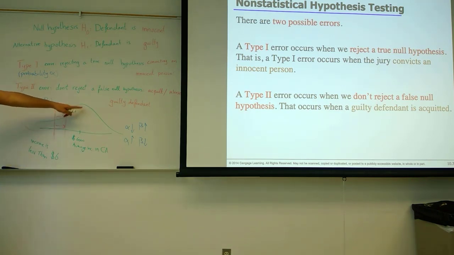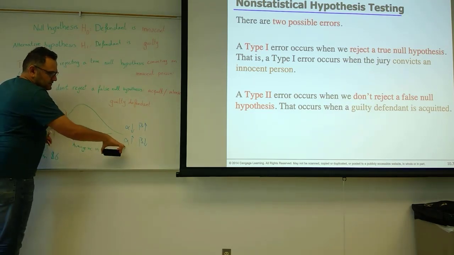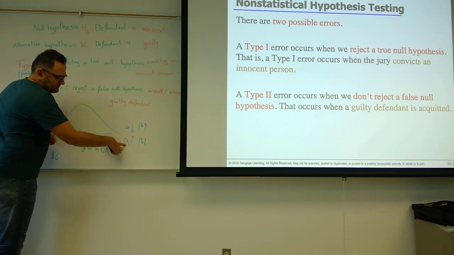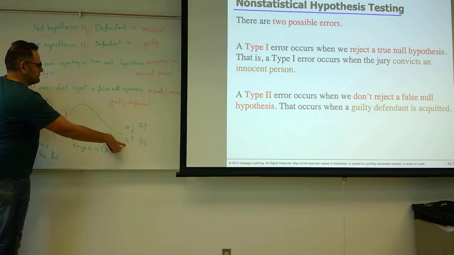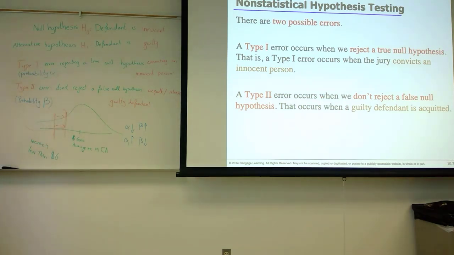So even though the null hypothesis was correct, chances are now higher by moving the line to the right that I take a sample, and based on my sample, I come to the conclusion wrongly that the average income is less than $6,000. On the other hand, we know from here that if the probability of alpha, the type 1 mistake, increases, the probability of type 2 error must be decreasing.